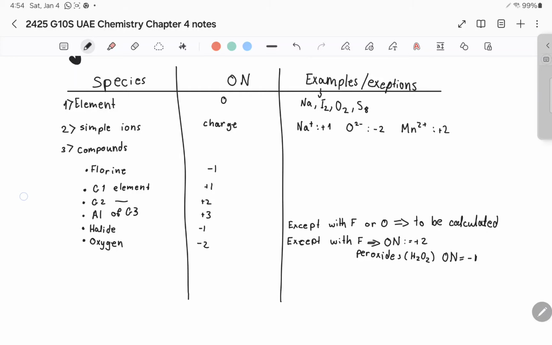Now the last one is hydrogen. Hydrogen has an oxidation number of +1, except with metal hydrides, or with the metals in the metal hydrides.